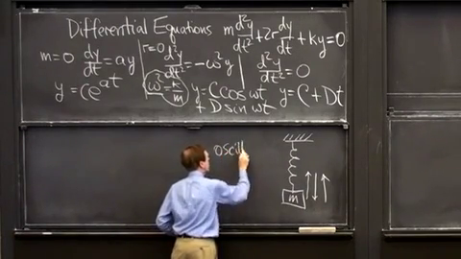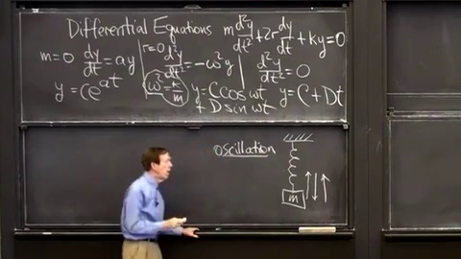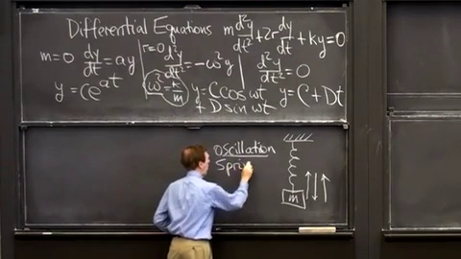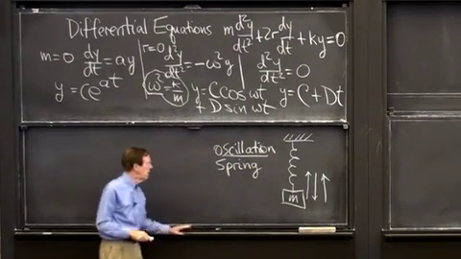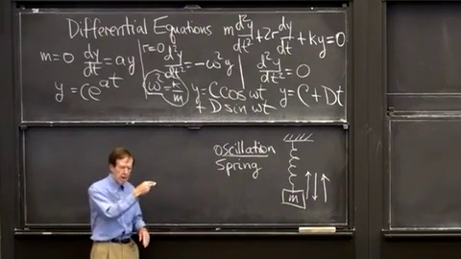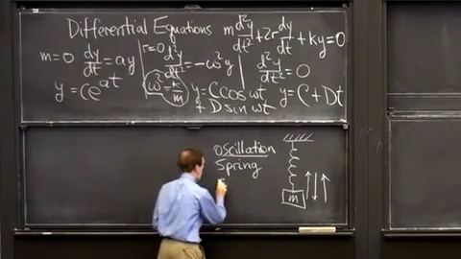And what are examples of oscillation in real life? The spring, or a clock, especially a grandfather clock that's swinging back and forth, so I'll just put a clock.